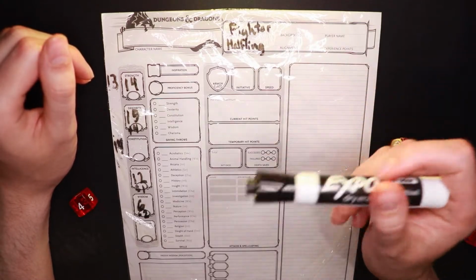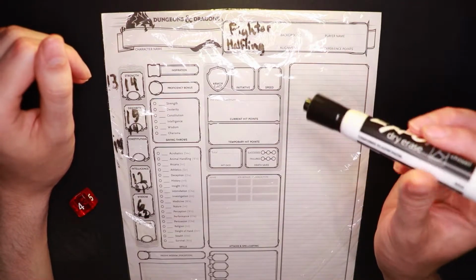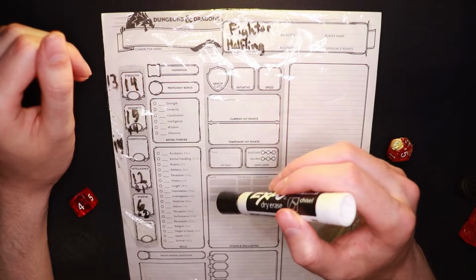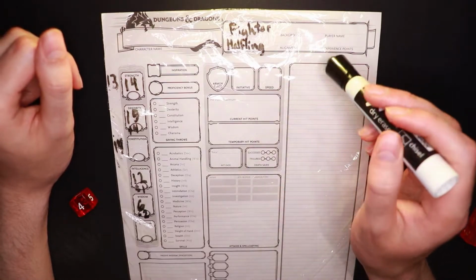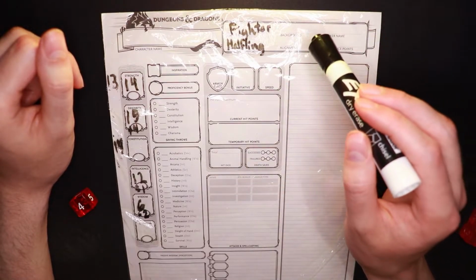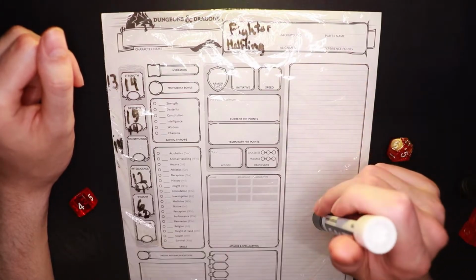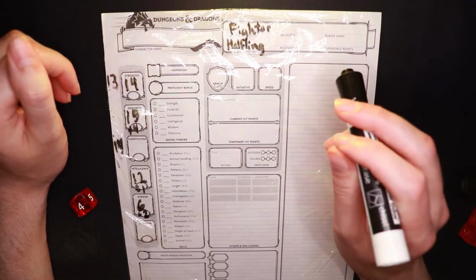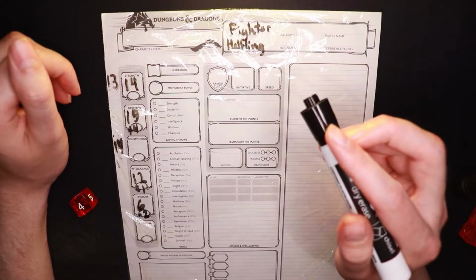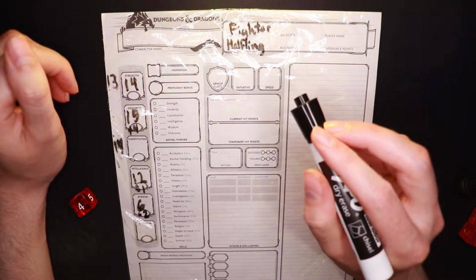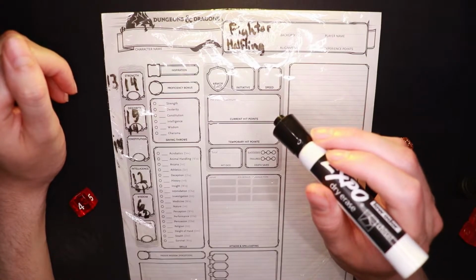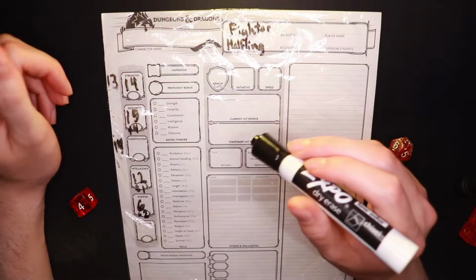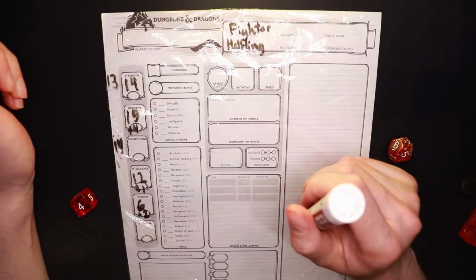Now the size can be interesting. I don't think on this sheet I have a particular place to put the size, but halflings are small. They are considered small enough to be in a different category than the regular humanoids, who are medium.